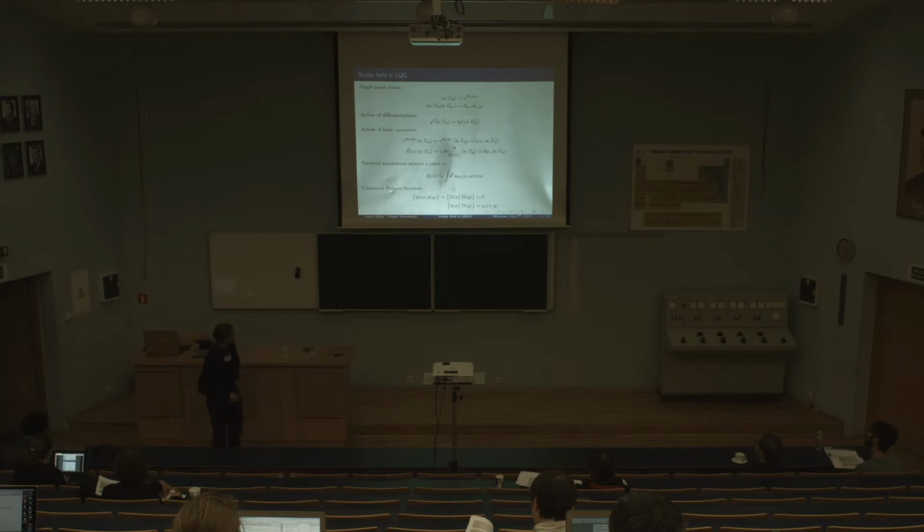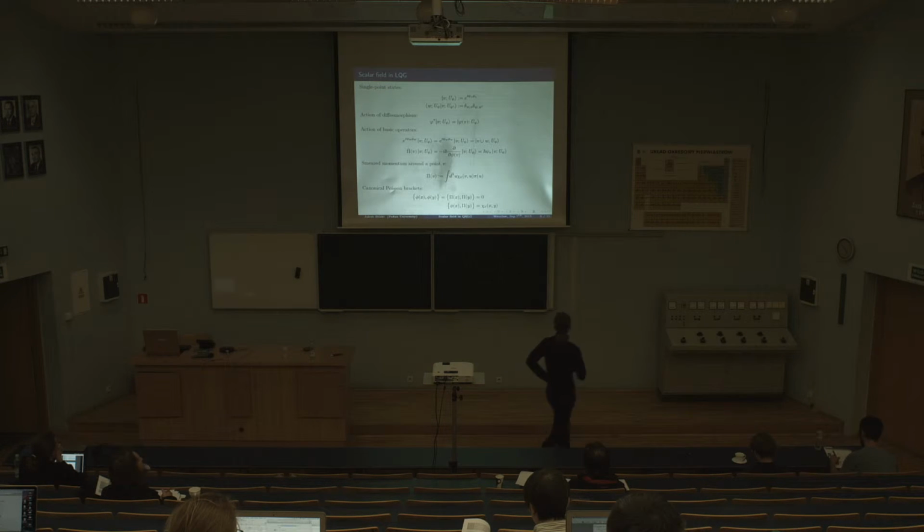Maybe here it will be clearer if I take into account just single point states. So I have only one vertex, and this field is described as an exponentiated field attached to this vertex times some coefficient. In this description the field operator acts as a multiplication and the momentum operator, in the Schrödinger representation, as a derivative. We have a well-defined Poisson structure for the theory, and we can try to quantize it.